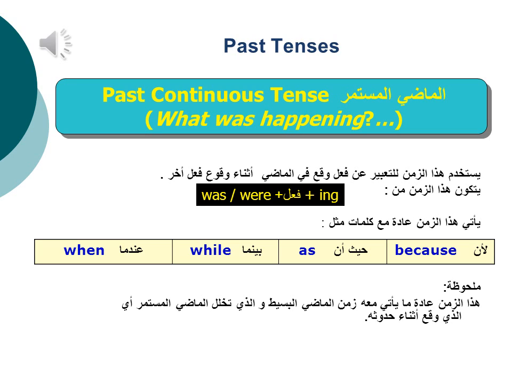There are words that are normally used in past continuous sentences, like when, while, as, because. And this tense is normally used with the past tense to show that something happened while something else was happening at the same time.